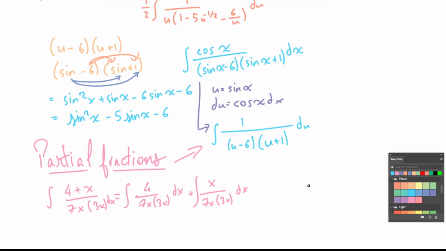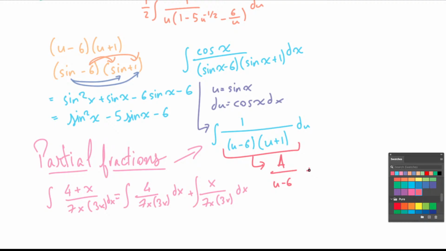So, if we're able to turn this into a over u minus 6 plus b over u plus 1, we could just take the integral of both, right?